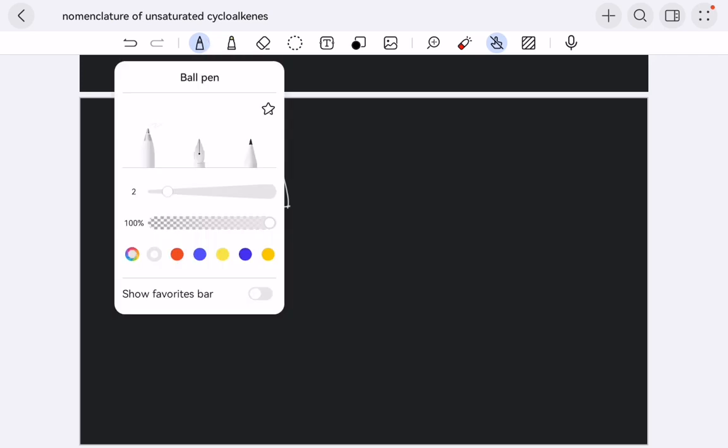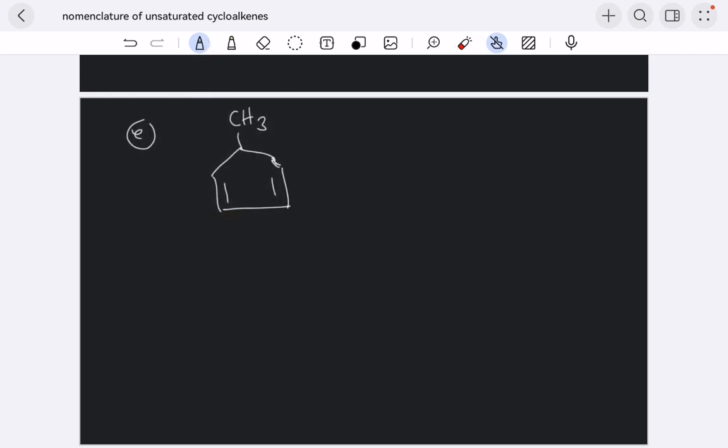So we can do the counting as follows, starting from the carbon. 1, 2, 3, 4, 5. So when we do the locant for this, you realize that you have a double bond at first position. At number 3, we have a methyl. Then at number 4, we have another double bond, which gives us 8.